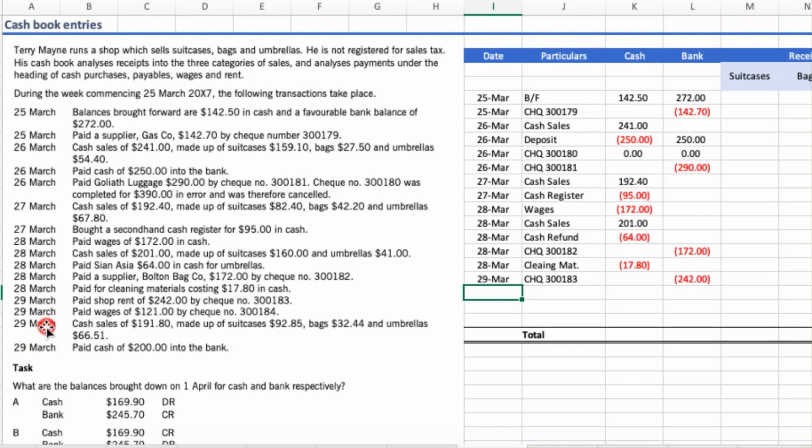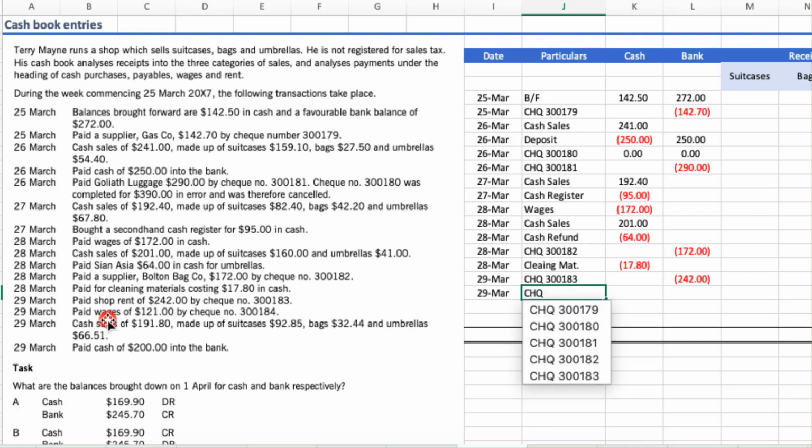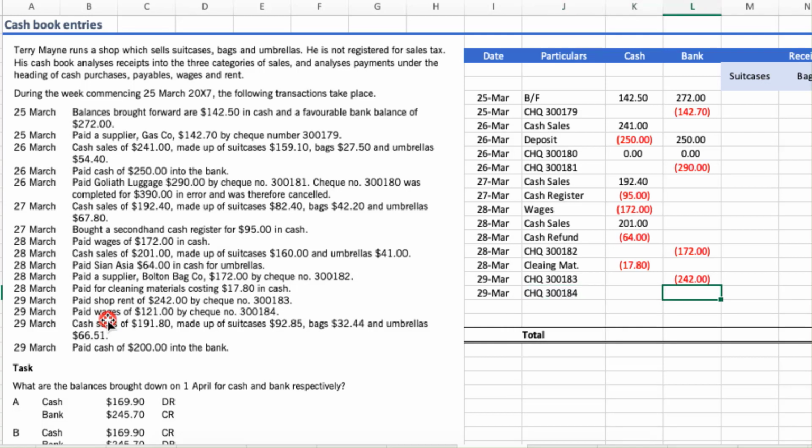After this, 29th March, paid wages 121 by check number 300184, and how much? $121.